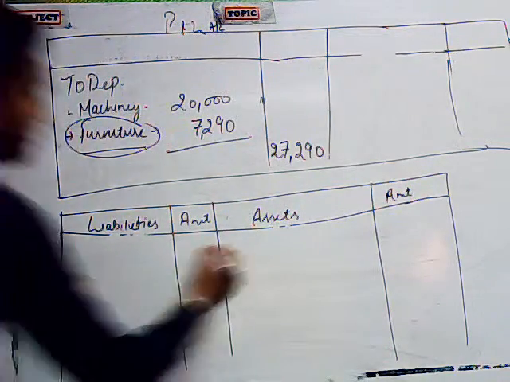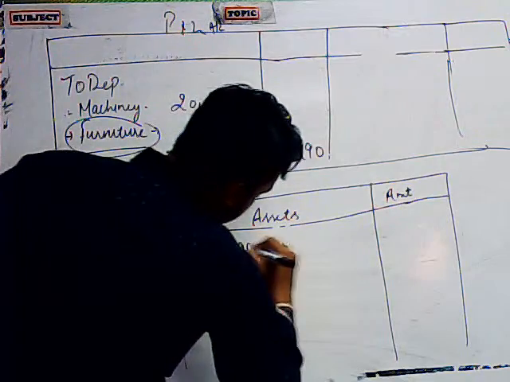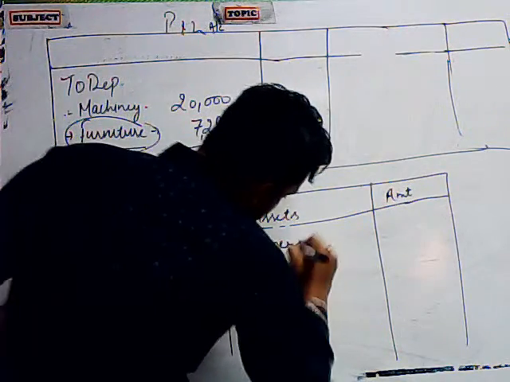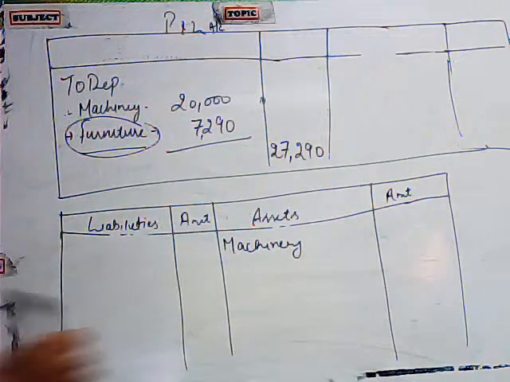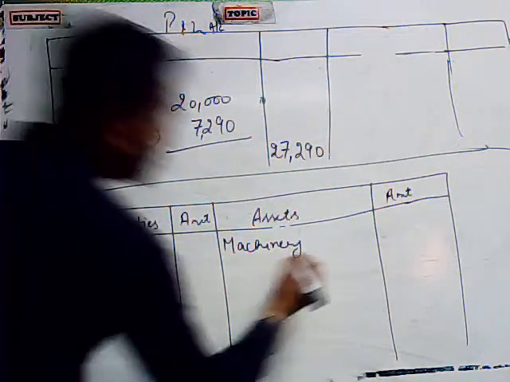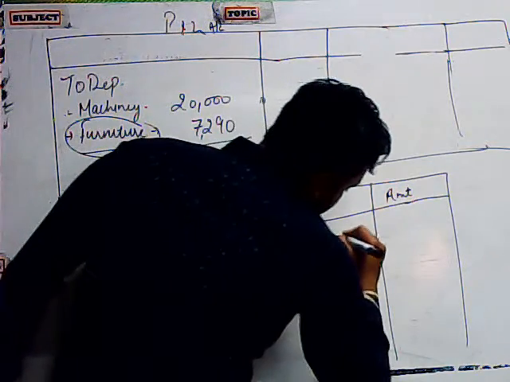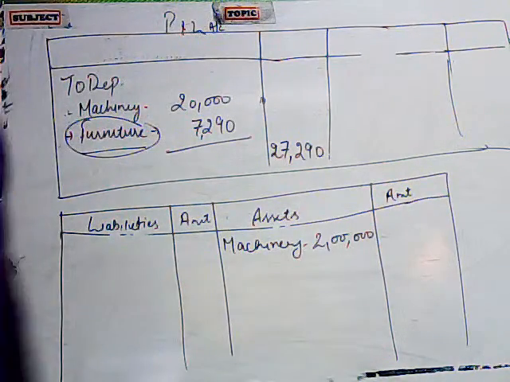So firstly, we have the first asset, that is machinery. What is the value of machinery at that time? From your question, that is 2 lakh. Okay, clear?